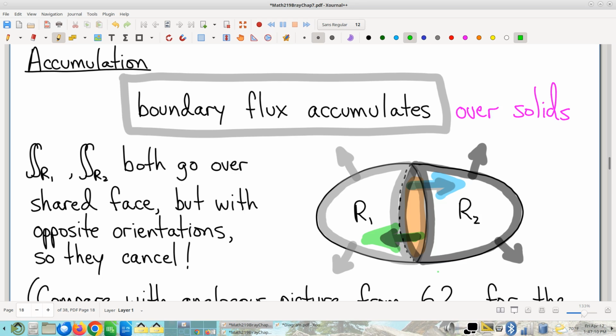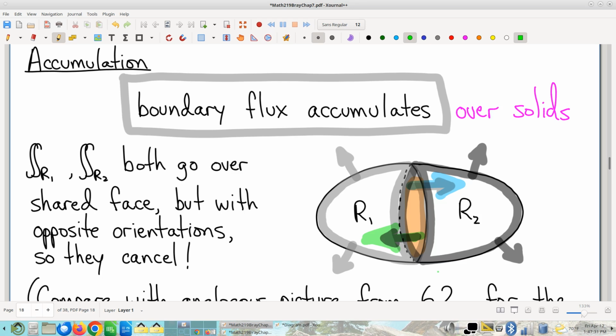It's going to appear twice with opposite orientations. And we've seen before that when you change the orientation, you're just inserting a minus sign. And so these two instances of that face as parts of the boundaries of R1 and R2 will cancel. Exactly what we need.